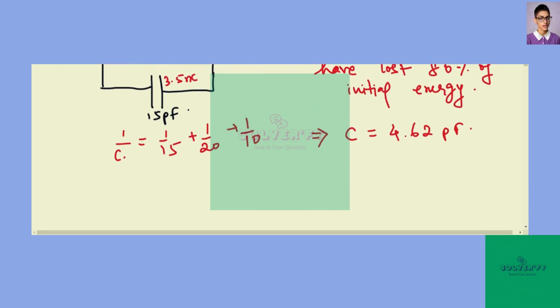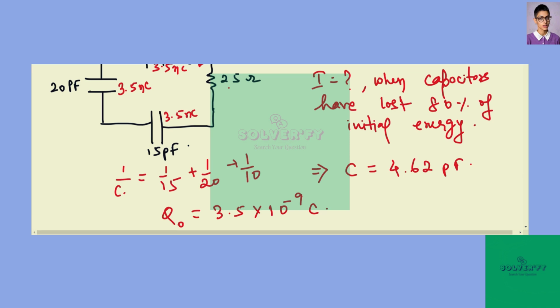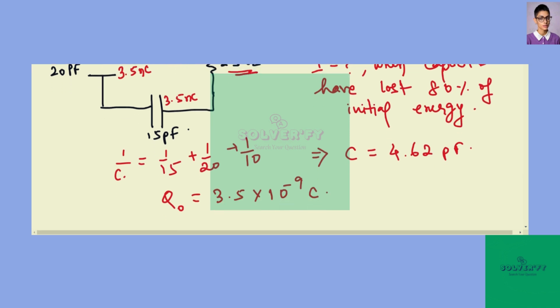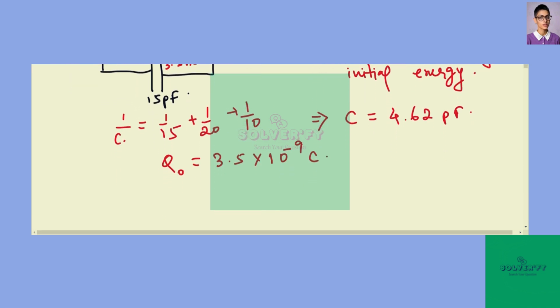And the initial charge, let us say Q naught, is given as 3.5 nanocoulomb. For nanocoulomb, we use the factor 10 to the power minus 9 coulomb. And the resistance is also given to us, it's 25 ohm.